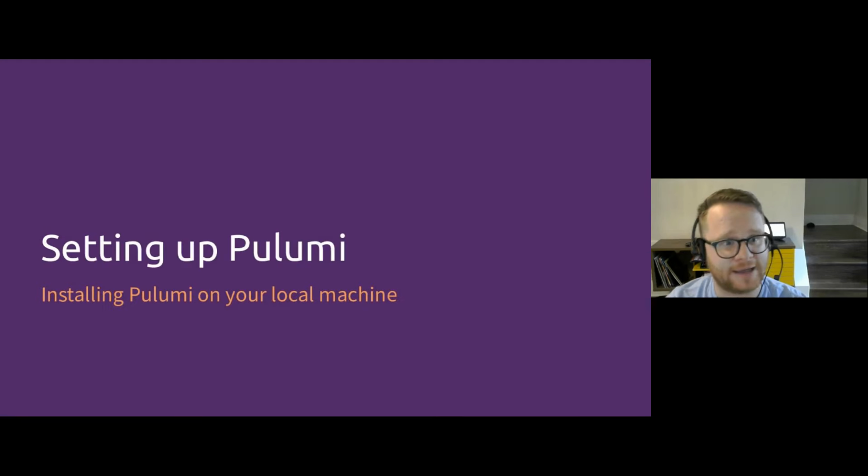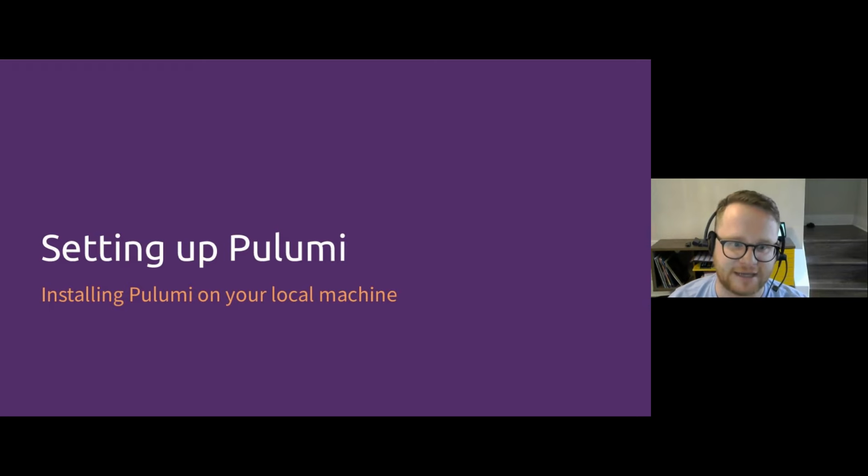So you've created an account and you have logged into Pulumi at this point. Now what you need is to install Pulumi on your local machine. The difficulty with this webinar is that everybody is using different operating systems and their own local environment, so I can't show you a full example of setting up Pulumi on all of the machines that you are using.